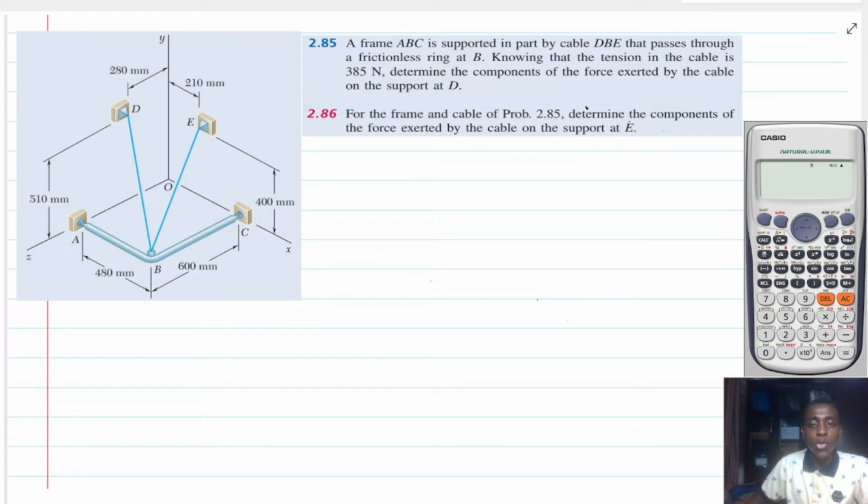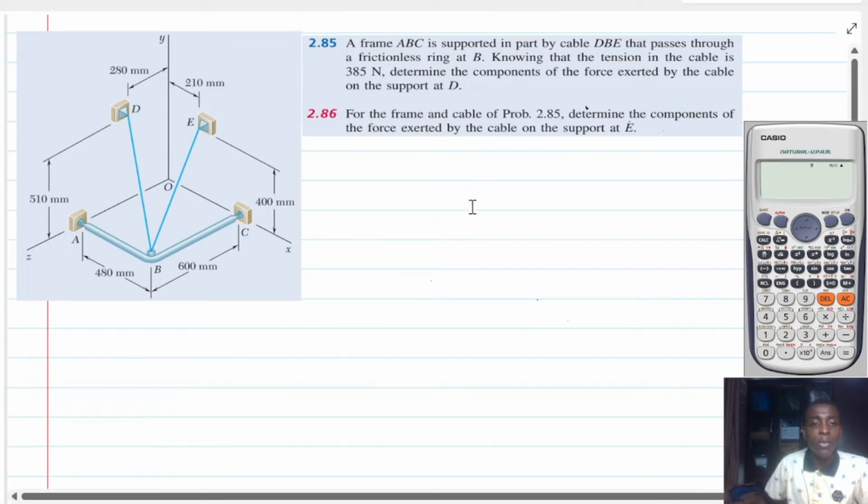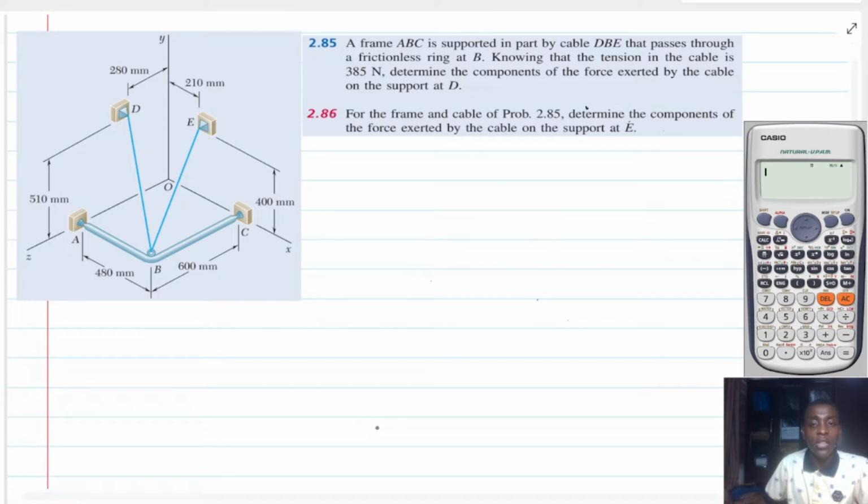In this video, I want to solve a problem with you to illustrate the concept of a force in space. We are going to read the problem together and then solve it.